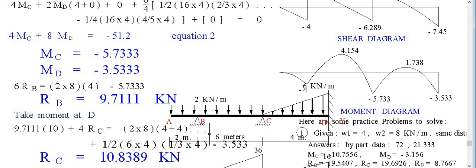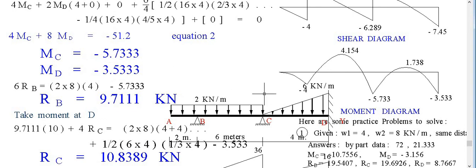So consider span ABC cut here. Consider the left portion of the cut section at C. So the figure is only ABC. Then there is a moment here as clockwise moment at C, minus 5.733.